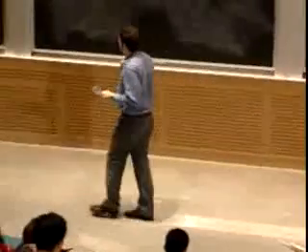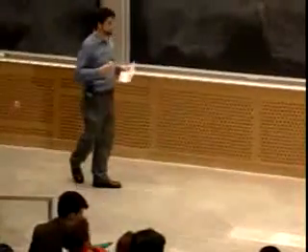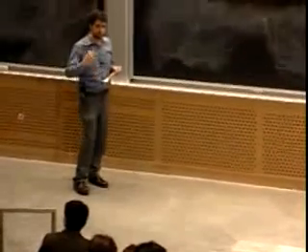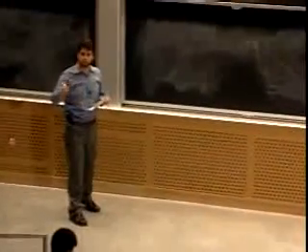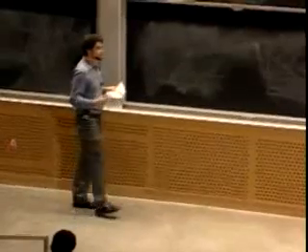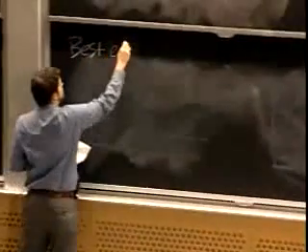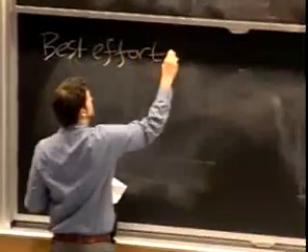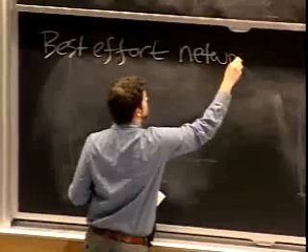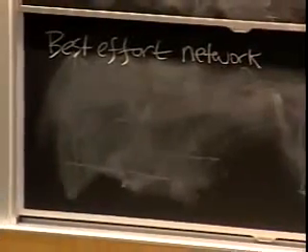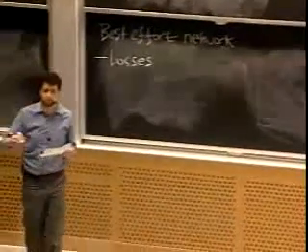What we've talked about so far has been a network stack that provides this abstraction of being able to send a message from one machine to another machine across a number of links on a network. And this network stack is, if you'll remember, a best effort network. A best effort network is subject to losses, so some messages may not be properly transmitted from one point to the other.